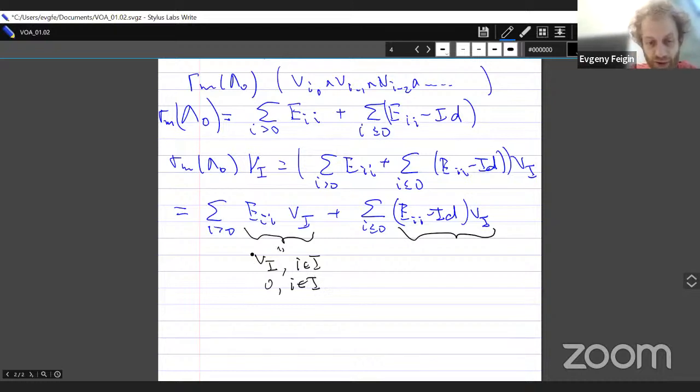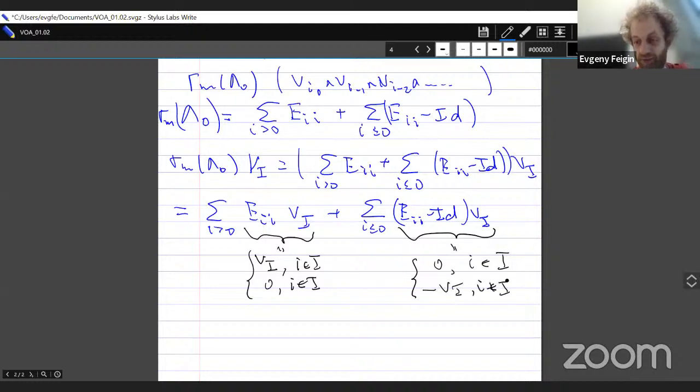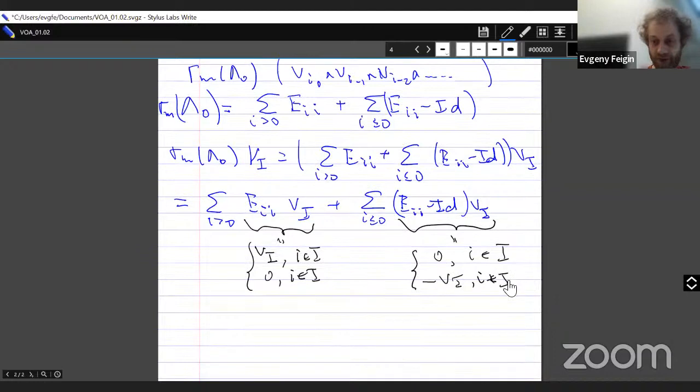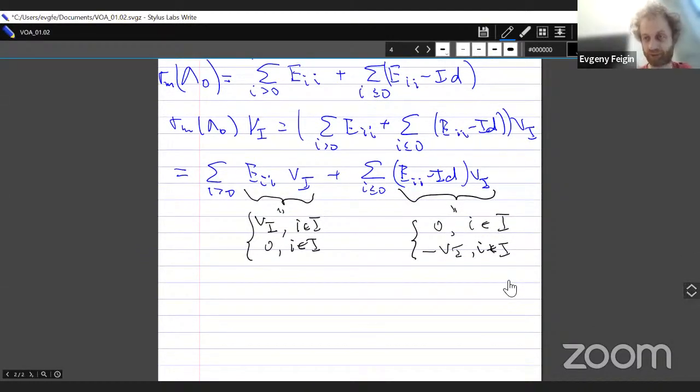And this term equals 0 if i in I, because we subtract the identity, and equals minus Vi if i not in I. Okay, so therefore, in order to compute the number of Vi's showing up in this formula, we have to see how many, so totally we get Vi times the number of i greater than 0 and i in I. So this comes from here.